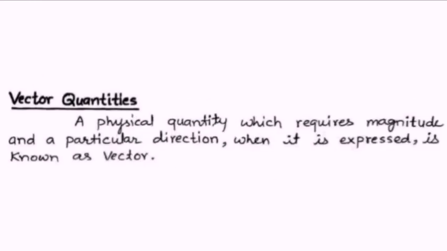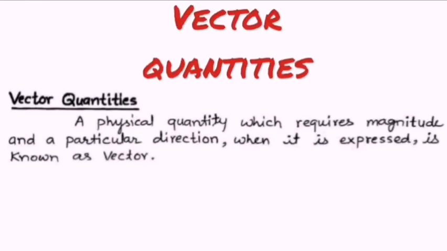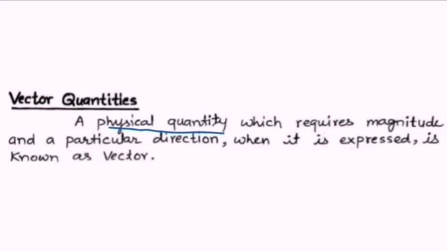Now, vector quantities. The definition of vector quantities is a physical quantities. This means that vector quantities and scalar quantity both must be physical quantities. A physical quantity which required magnitude in a particular direction when it is expressed is known as vector quantities.